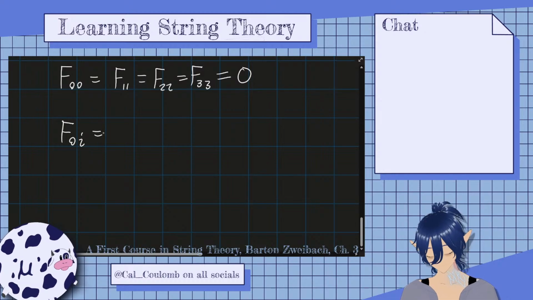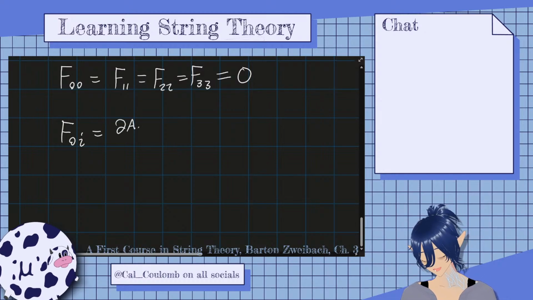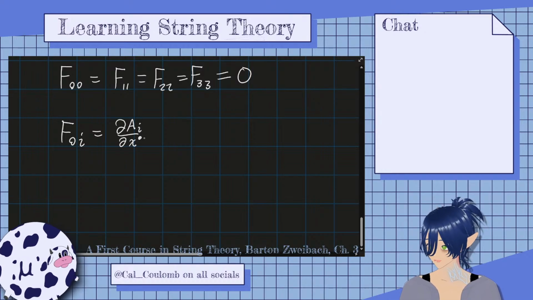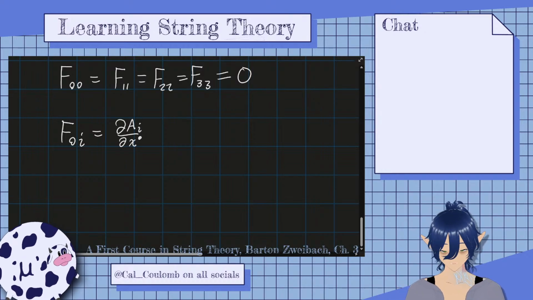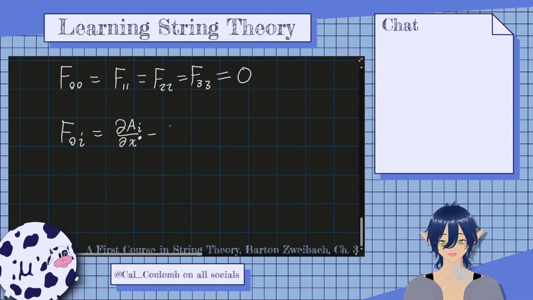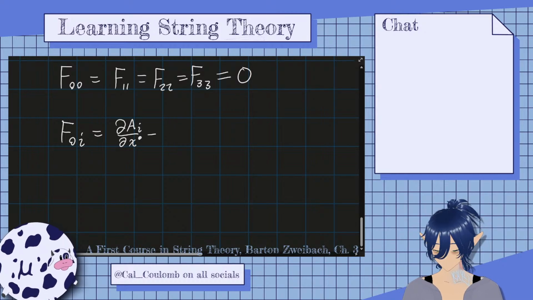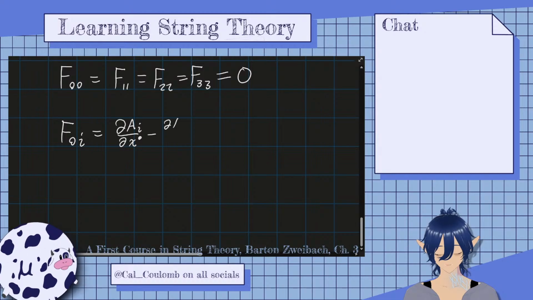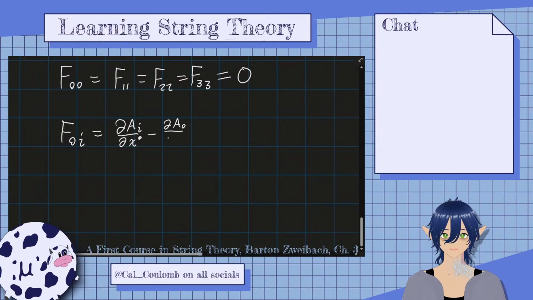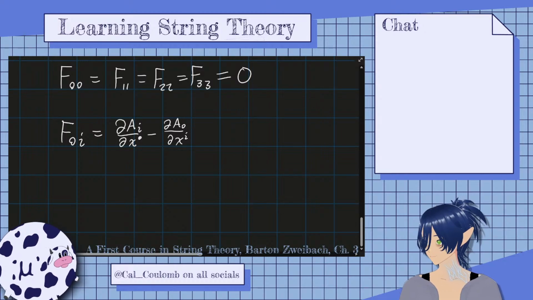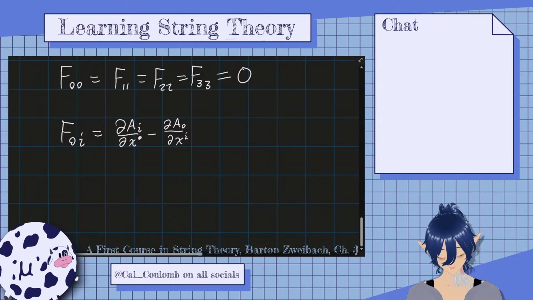F0i is equal to partial A_i over partial x0, and remember that x0 is just the time coordinate scaled by the speed of light, minus partial A0 over partial xi, which we'll remember A0 is just the scalar potential phi.